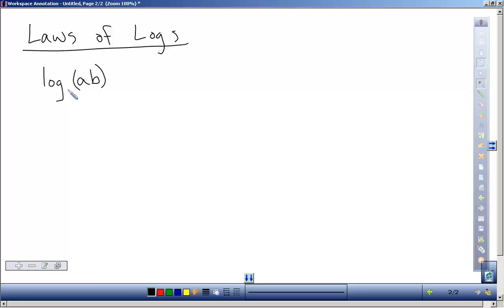Again, it can be any log, not just the common log, but any log of a times b. We can actually break that up, and we can say that that's going to be equal to the log of just a plus the log of just b.